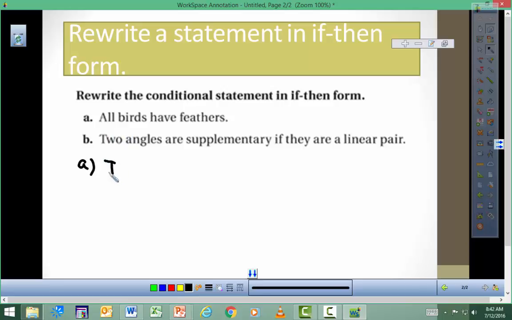So if what? That's going to be kind of tricky because sometimes you have to add words to the original statement. So I'm going to say, if an animal is a bird, comma, then it has feathers.